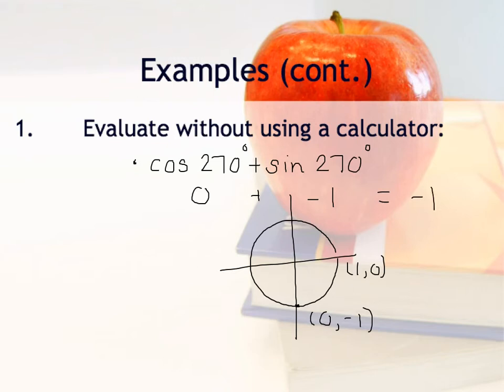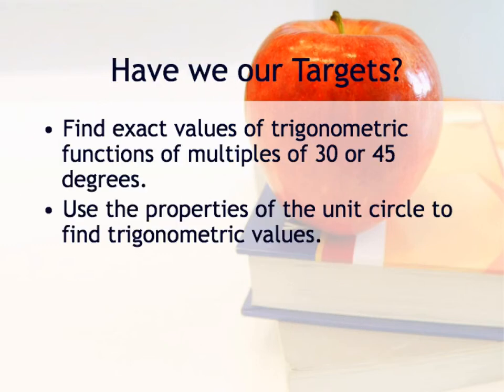So guys, we're just going to do lots and lots of this rotating around the unit circle in these lessons, always starting at the point (1, 0), and remembering that the x-coordinate is the cosine, and the y-coordinate is the sine. So the question is, have we hit our targets? Well, yesterday we talked about finding the exact values of those trig functions that are multiples of 30, so 30, 60, 90, 120, and so on, or multiples of 45, so 45, 90, 135, 180, and so on.